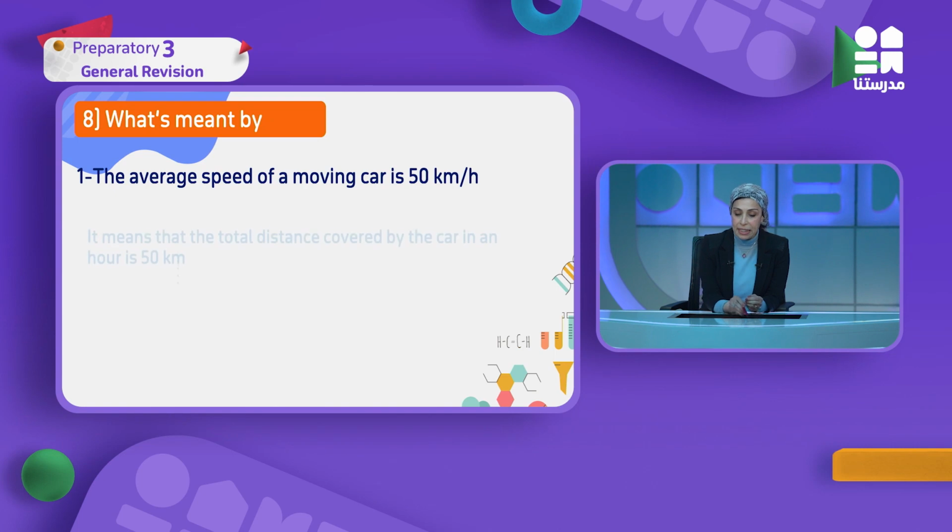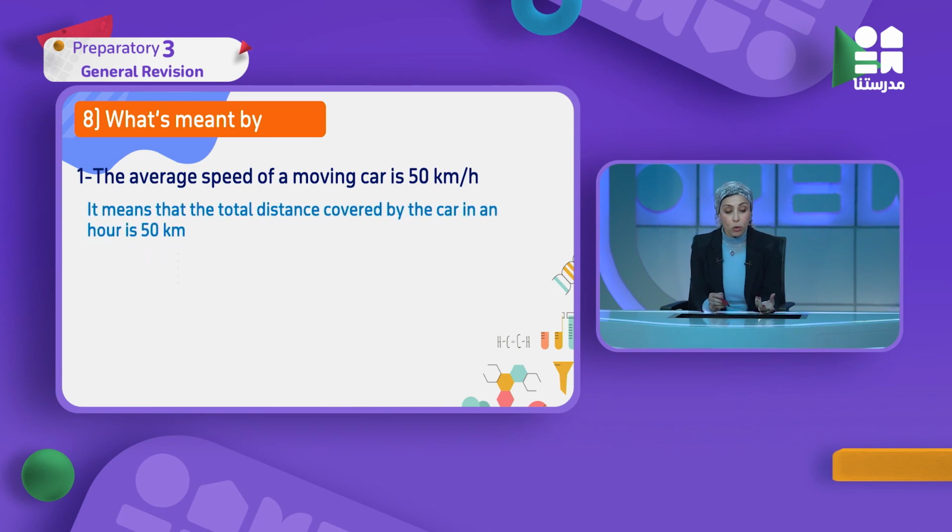I'll say it means that the total distance, he says average and I know the definition of the average speed: total distance over total time. So put the definition and put the number, easy. So the total distance covered by the car in an hour is 50 kilometer per hour, which is a number written in front of me. In the problem or the question I take it and put it again.